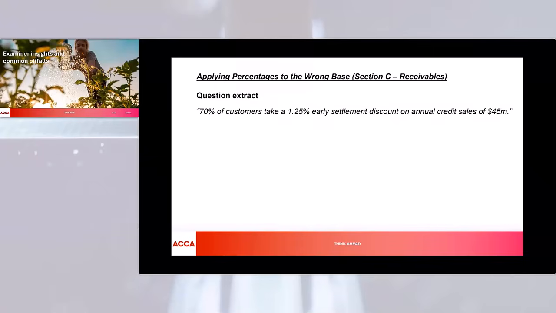I need you to calculate and tell me how much the discount amount is. What is the total discount which we are going to give in the early settlement?